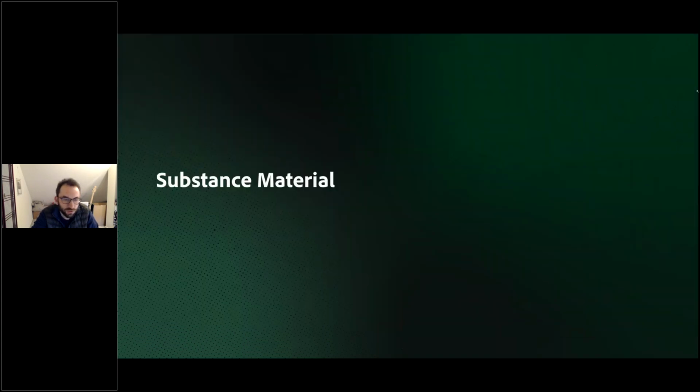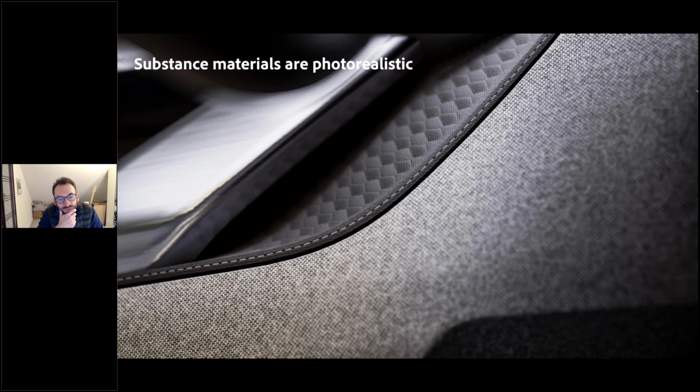But before jumping into the details of each of the tools, I also wanted to give a little bit of background about the Substance material format itself and what it allows users to do. The first thing to notice is that our materials aim to be photorealistic.